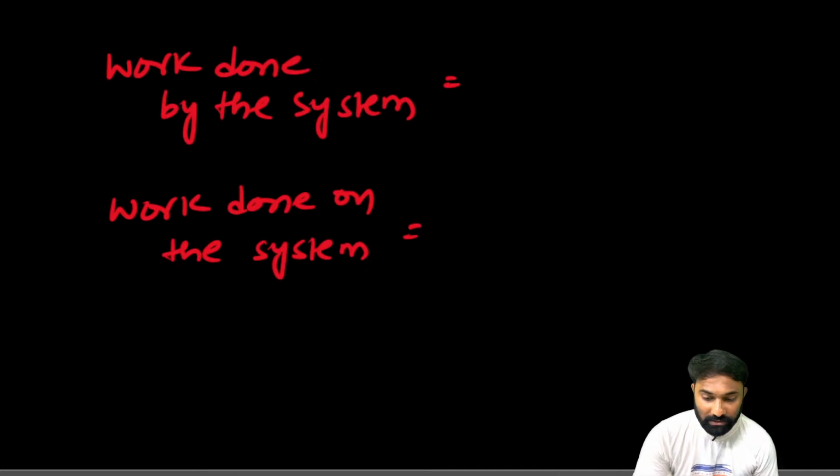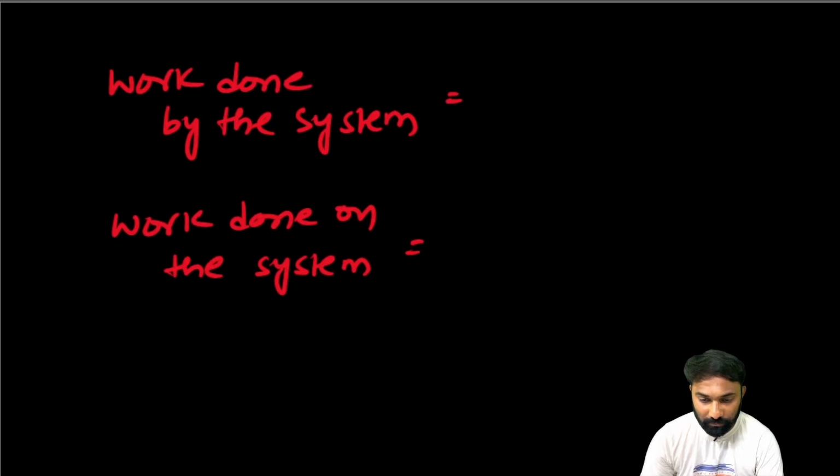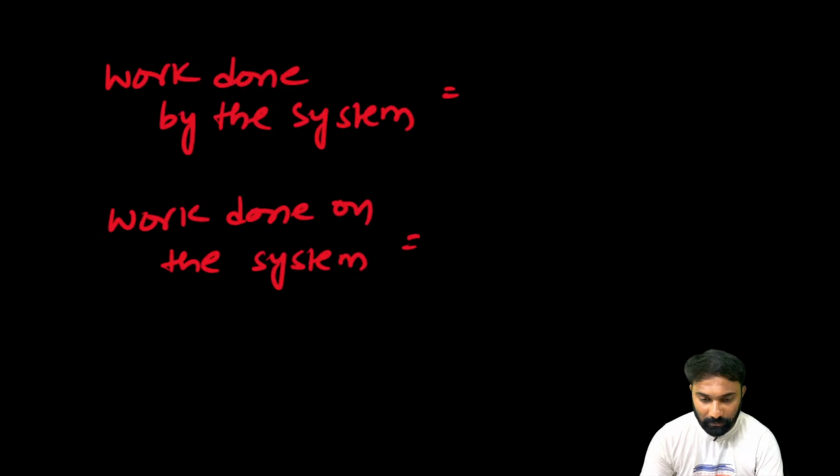Work done on the system is positive or negative? Work done by the system is positive. Good. Now work done on the system. Work done by the system, it is negative. Work done on the system, it is positive.